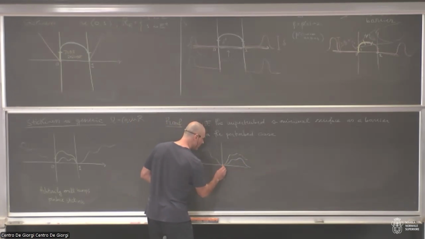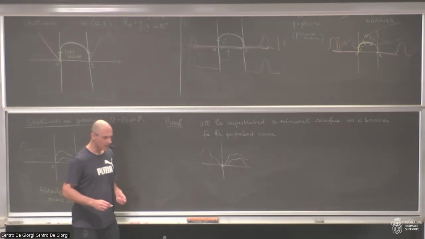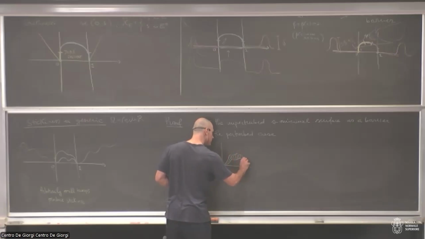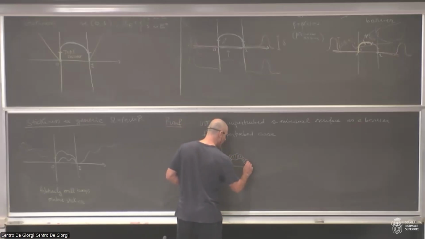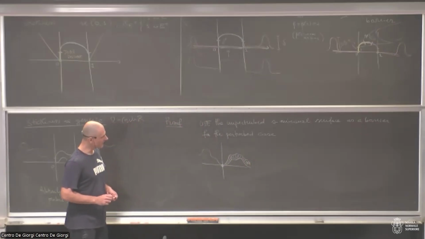But then when you compute the S-mean curvature at the origin, you have all this part, let me call this region A, that is in the perturbed minimal surface, but not in the original one.